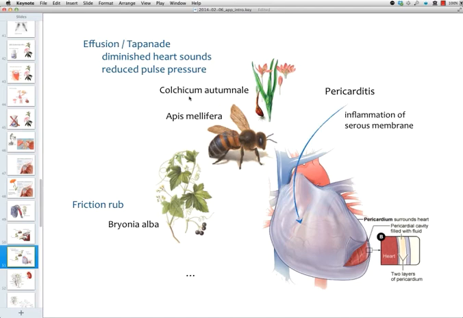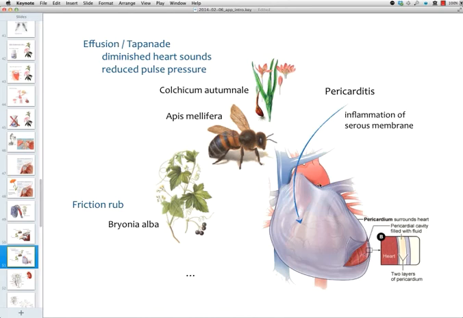When we need Apis or Colchicum, for example, these are remedies that have tremendous effusions, and so this space will be inflated with serous fluid, okay? Inflated around the heart, actually potentially enough to restrict the filling of the heart, okay?